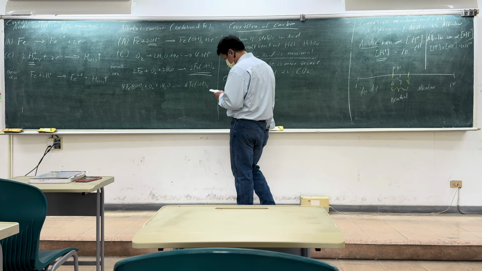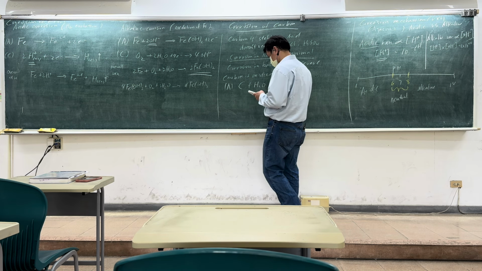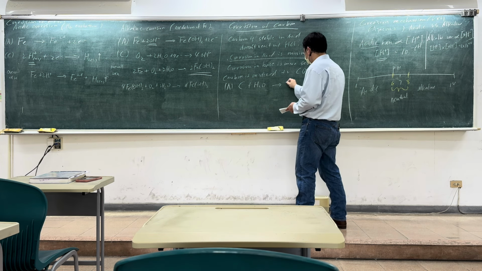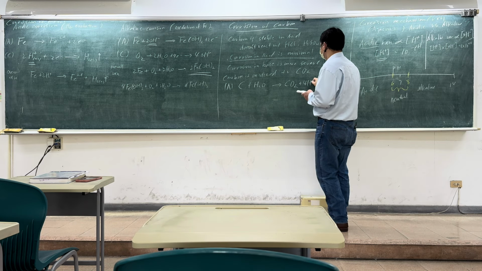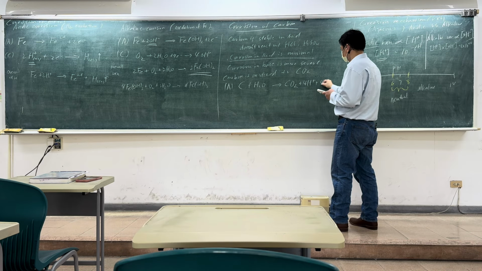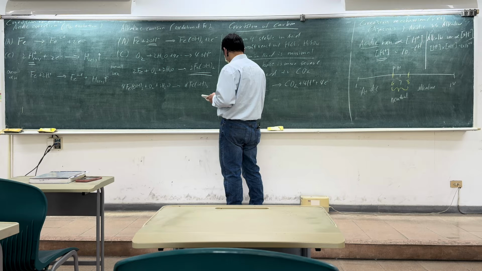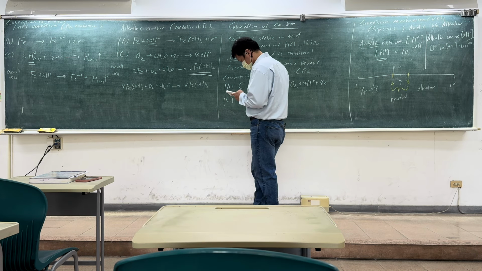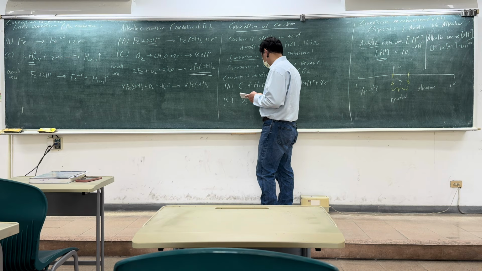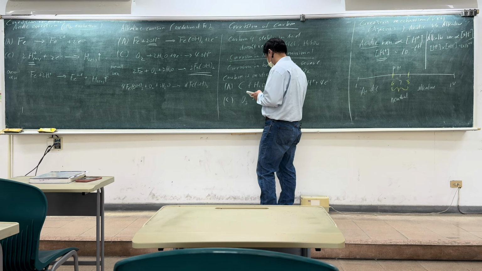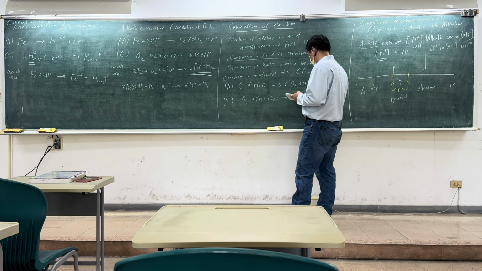In the following reactions, this is the anodic reaction: carbon plus H2O goes to CO2 plus 4H+ plus 4 electrons. And the cathodic reaction is O2 plus 4H+ plus 4 electrons goes to 2H2O.